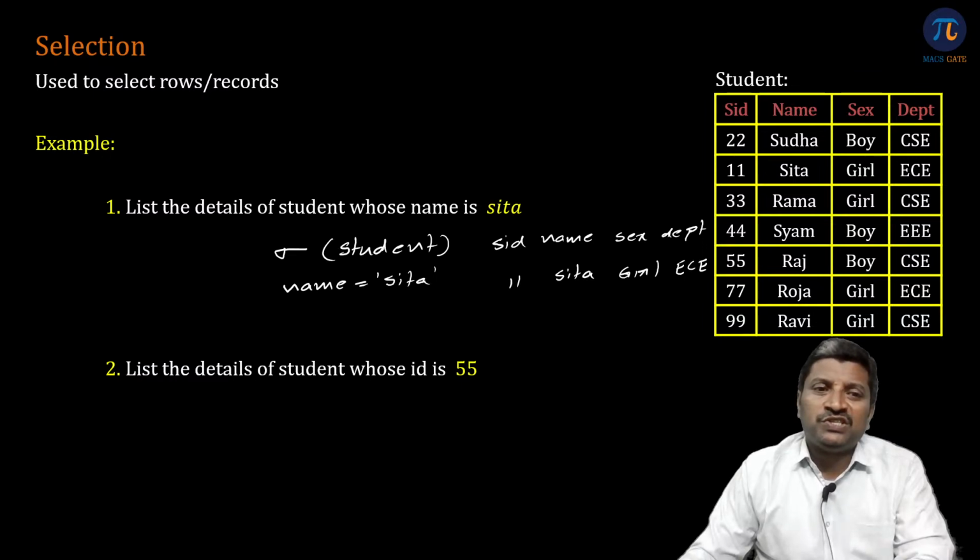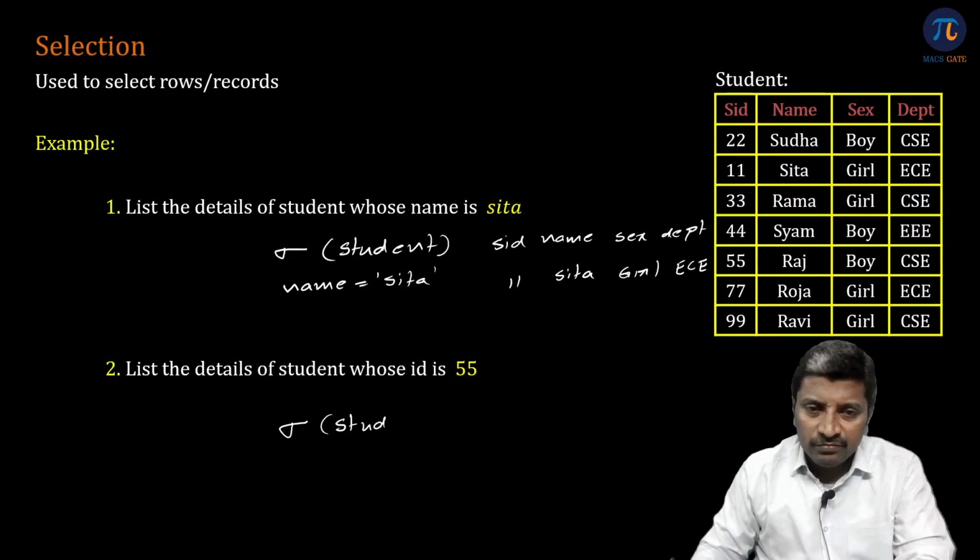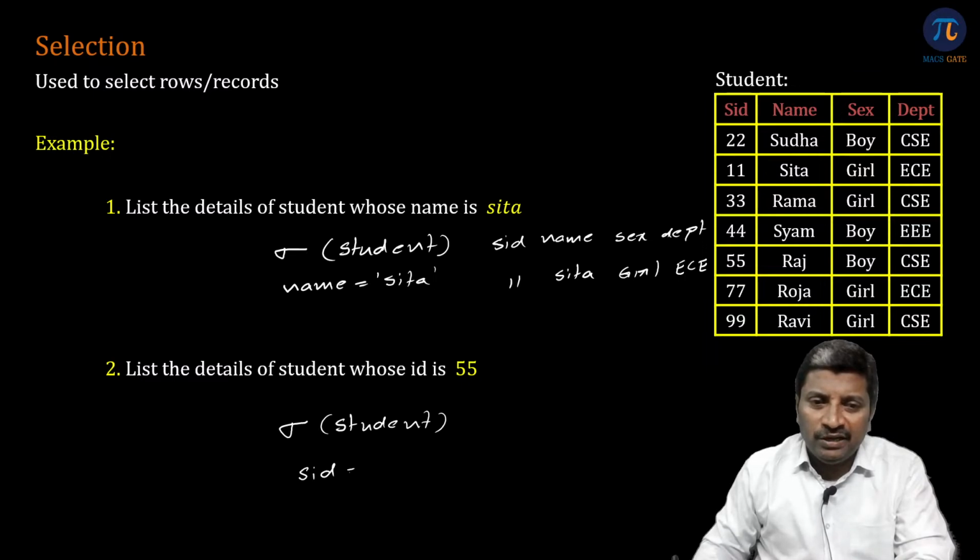Let us do one more example. List the details of the student whose ID is 55. The same story. Now we are making the query by using ID. Select from the table Student. Then what is the condition? Student ID is equal to 55.